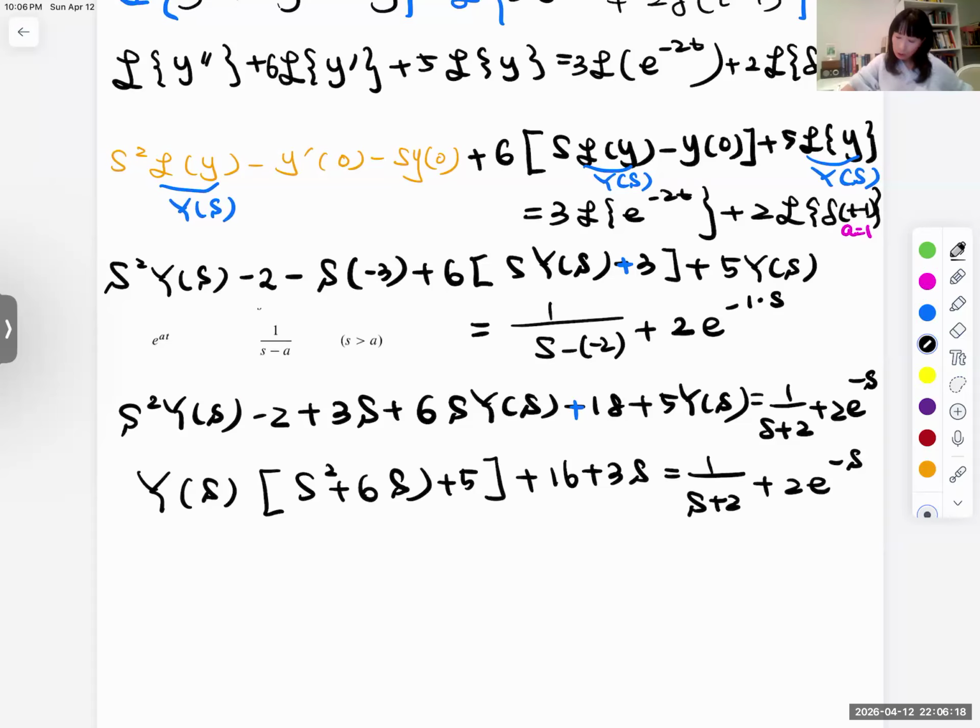Okay, so move everything to the other side and then divide by this.